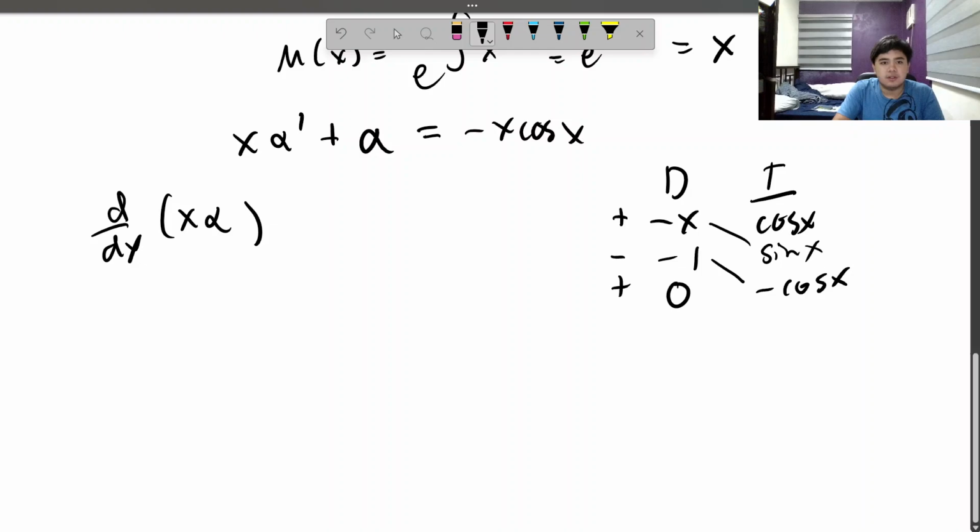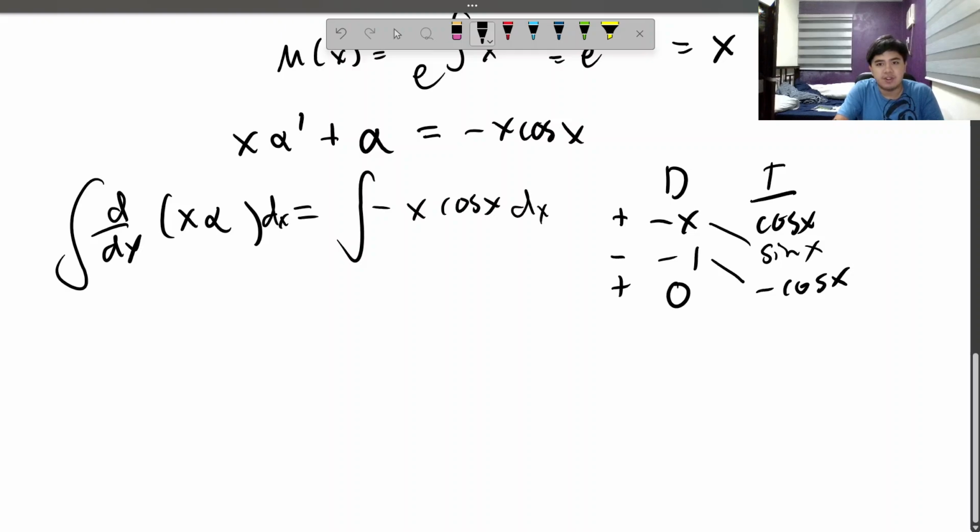Actually, negative x cosine x. Integrate both sides. Luckily, we already have the integral in here. So x alpha equals negative x sine x. Minus minus minus, that is a negative cosine x.